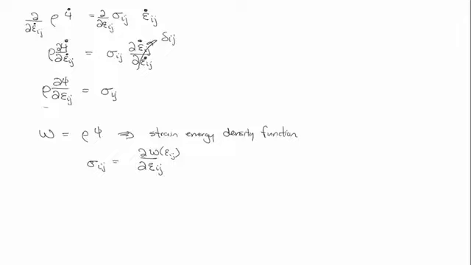So if we take the time derivative of both sides of the equation here, we end up with a rate form of a constitutive equation, through the chain rule. Okay, maybe I should say KL. All right.